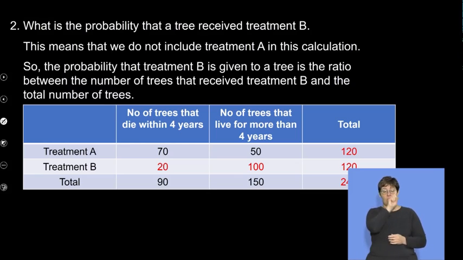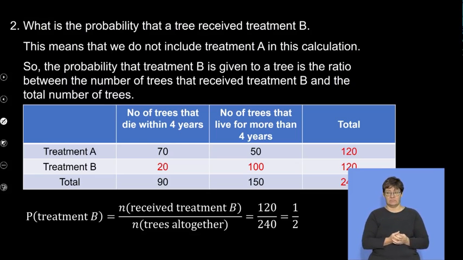Now, the question is, the probability that a tree receives treatment B, that will be what? How many in treatment B, over the total number of trees altogether.